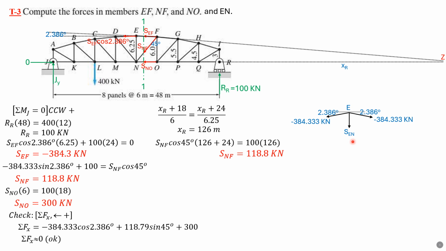So SEN, plus 2 times the vertical component, 2 times negative 384.333 sine of 2.386, equals 0. So SEN equals 32 positive, so it is also in tension. So that's it for this video.